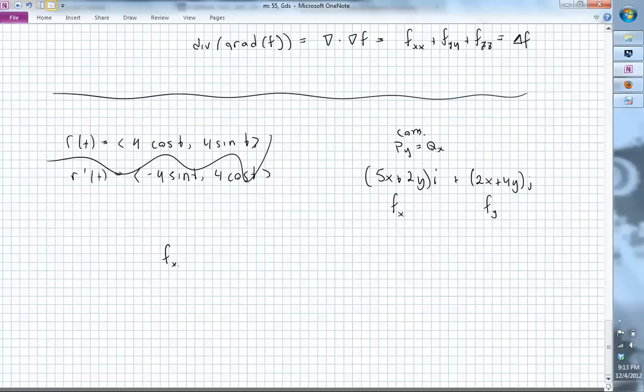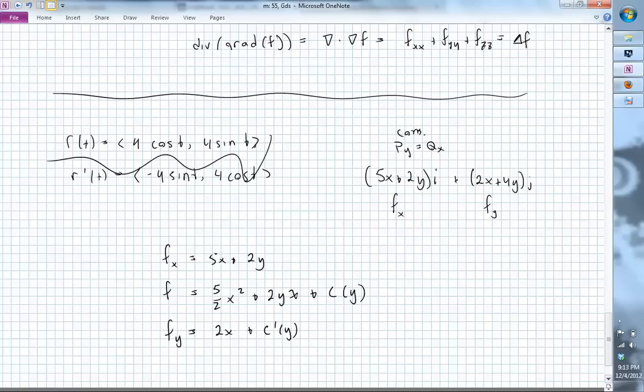So you start out with f sub x is 5x plus 2y, and you anti-differentiate to get f. That's going to be 5 halves x squared plus 2yx plus some constant that might depend on y. Now differentiate this with respect to y. That goes away, the other guy turns into 2x, and this turns into c prime of y.